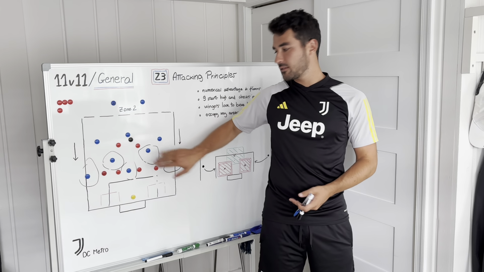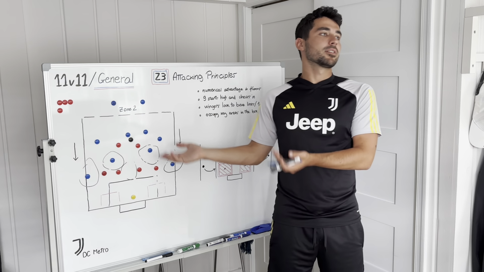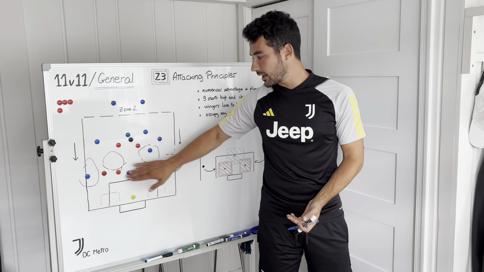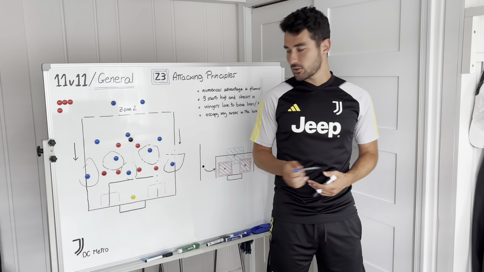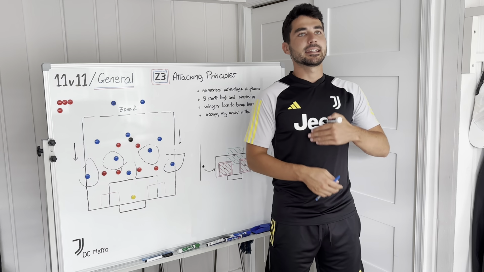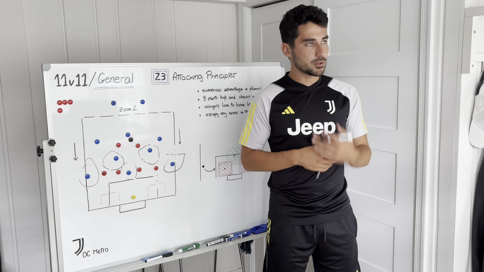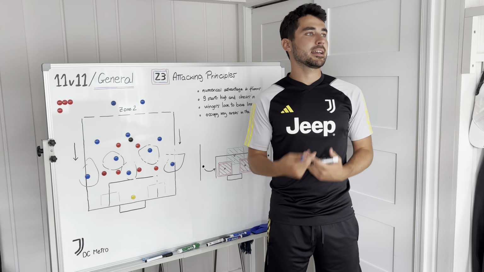This container can be filled by a number 10, but the container can also be filled by the number 9, and vice versa. Right? So as long as the players understand the principles, they can have a creative, fluid, and exciting style of play in the final third.